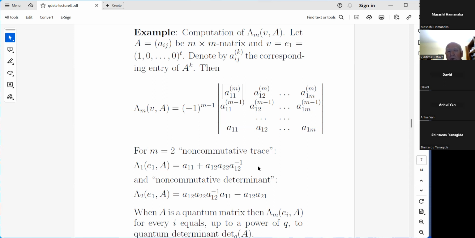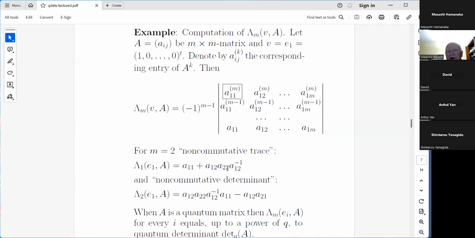And you see the formula, which of course in the commutative case is A11 plus A22, but in the non-commutative case, again, you have this category property that if ARJ is a morphism, they all have to start and to end in the same space.